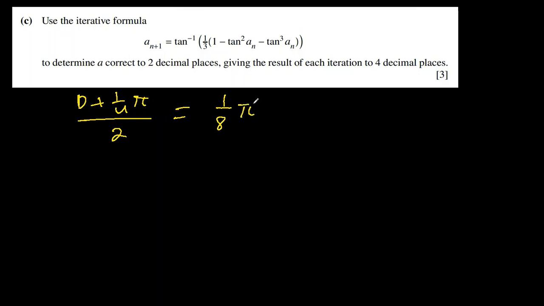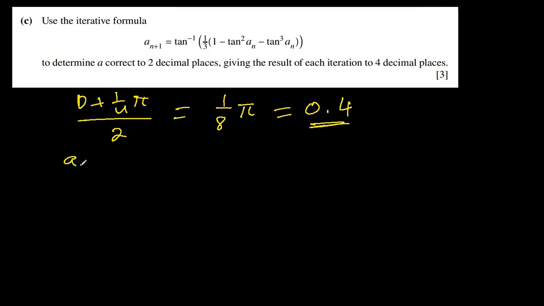All right, so our starting point will be 0 plus 1/4 of pi over 2, which is 1 over 8 pi. In decimal, it is equal to almost 0.4. So let's start with 0.4.